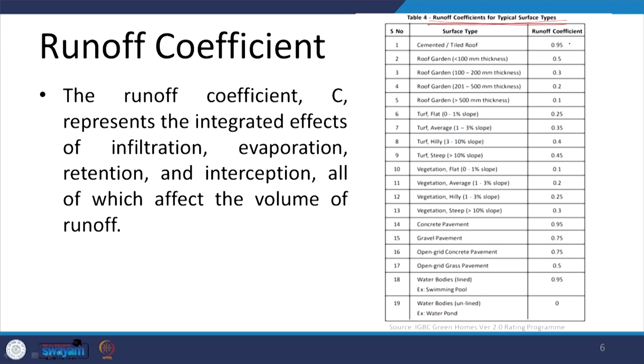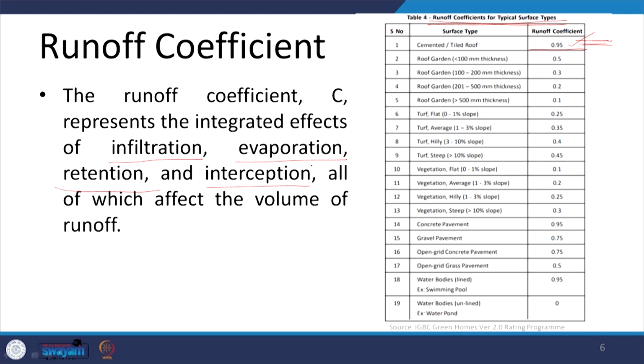A higher runoff coefficient implies that most of the water available during the precipitation will be running off, and very little will be infiltrated to the ground, evaporated, retained or intercepted.